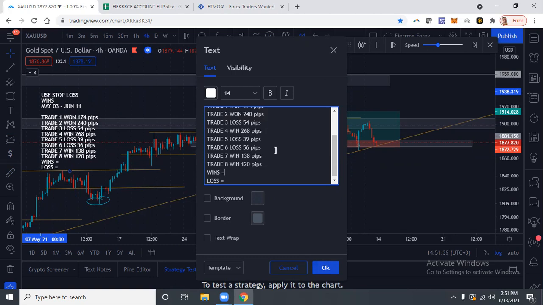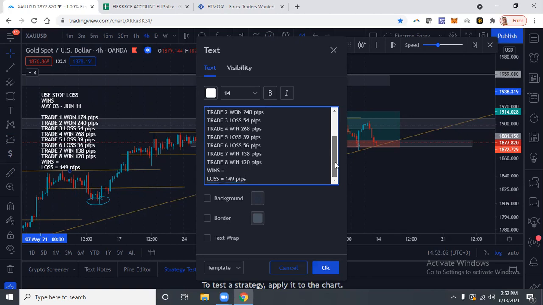I'm just doing the math, guys. So we have losses: 54, plus another loss of 39, plus another loss of 56. So we lost 149 pips in that 1 month of trading.